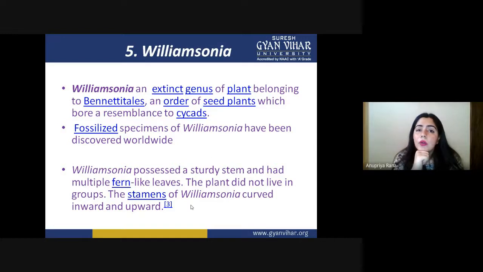That depends on the species, because Williamsonia is a genus, and a genus is a collection of species, not a species. So inside this Williamsonia genus there are many species, some of which have stamens that curve inward and some that curve outward.